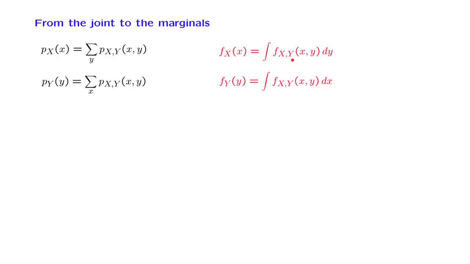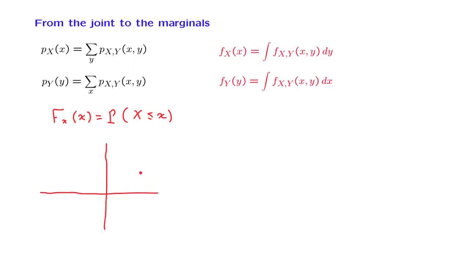But a proof of this formula is actually instructive. So let us start by first finding the CDF of X. The CDF of X is by definition the probability that the random variable X takes a value less than or equal to a certain number little x. And this is the probability of a particular set that we can visualize on the 2-dimensional plane.